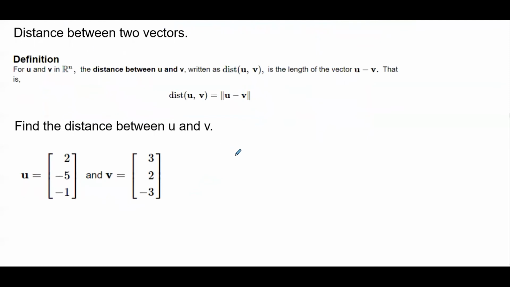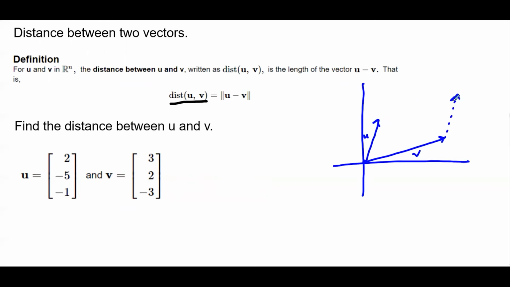So if we want to find the distance between two vectors, and we're going to denote this as distance uv, we're going to take the magnitude of the difference, okay? And you could see in 2 dimensions, remember the parallelogram rule, we'll call this u and this v.